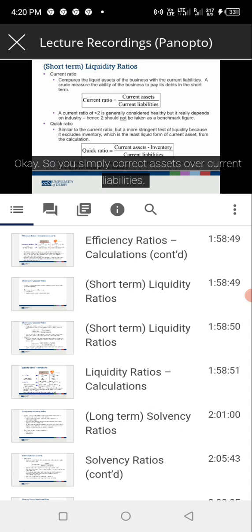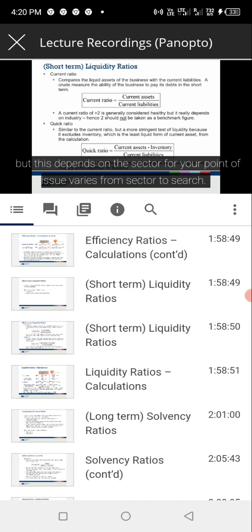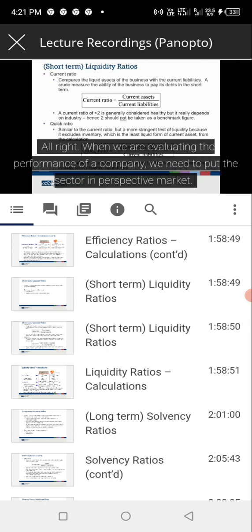And here we say a current ratio of greater than 2 is considered healthy, but this depends on the sector. So your current ratio varies from sector to sector.